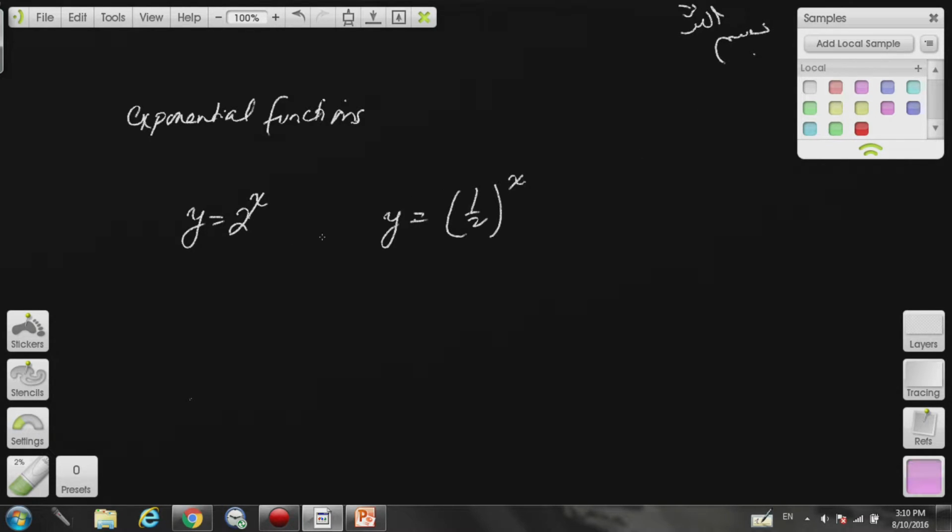And we had suggested previously that this parent graph models exponential growth, and this one models exponential decay. And the general equation for exponential functions was this.